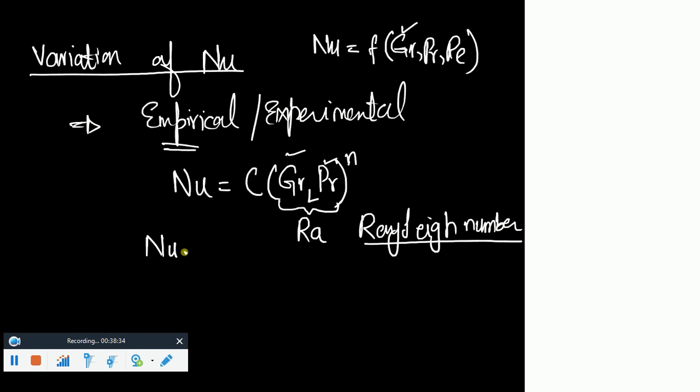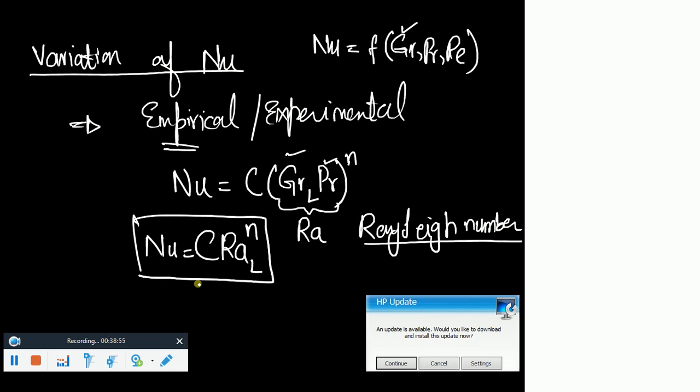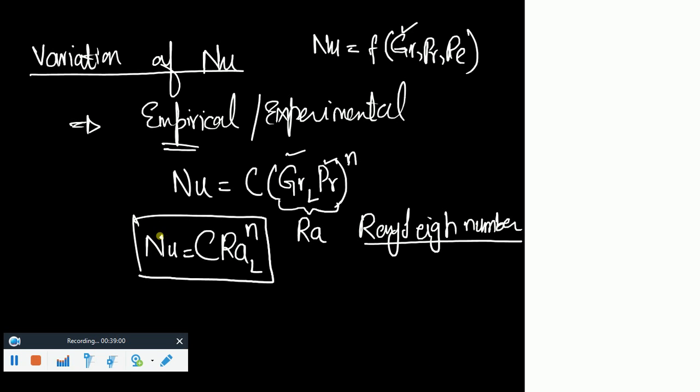So generally you would see that this Nusselt number would be something of this kind. You can see that this Rayleigh number would be equal to Grashof number times Prandtl number.